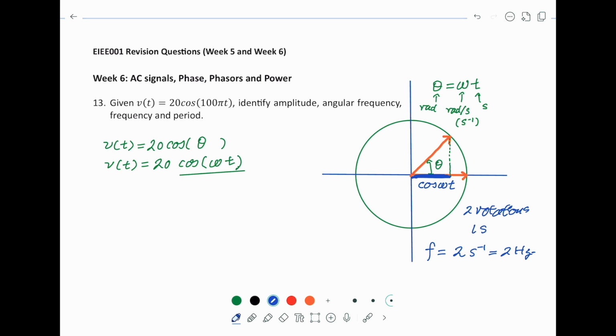Now we can ask the total angle it rotates in 1 second, because each second it rotates 2 rotations. In 1 second, it rotates 2 times 2 pi, and this is our angular velocity.